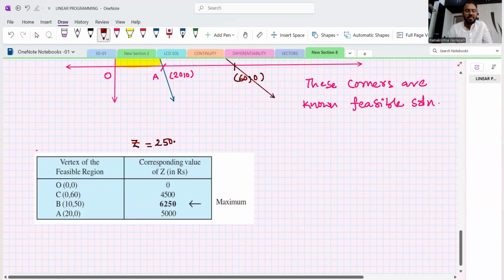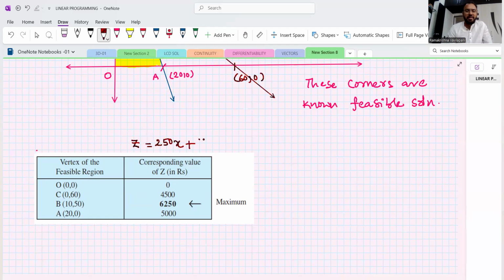250x plus 75y. I am repeating this word many a times. This is known as the objective function. This has to be minimized or maximized. Substitute each corner point in the objective function. At O, we got 0 value.